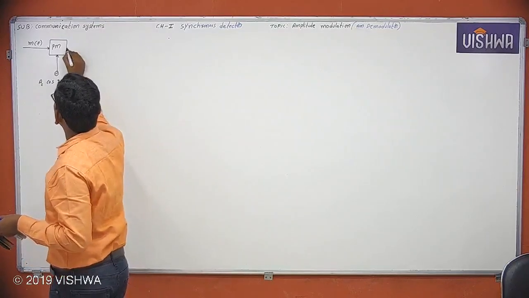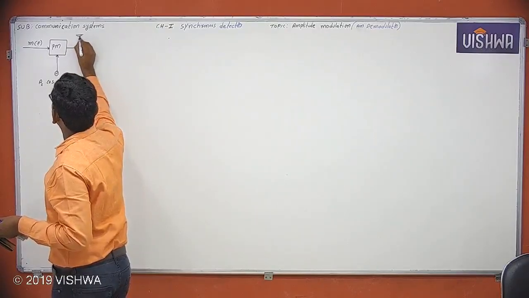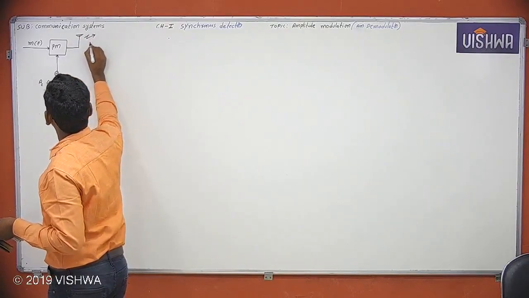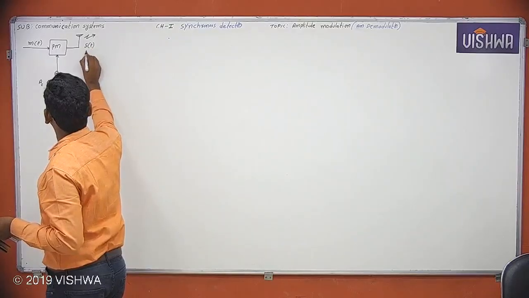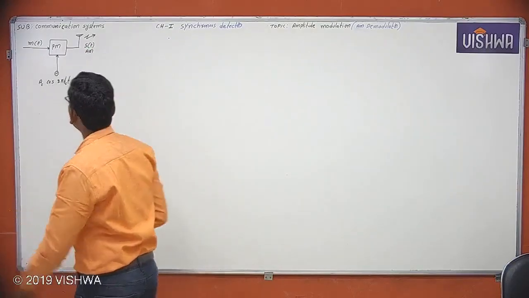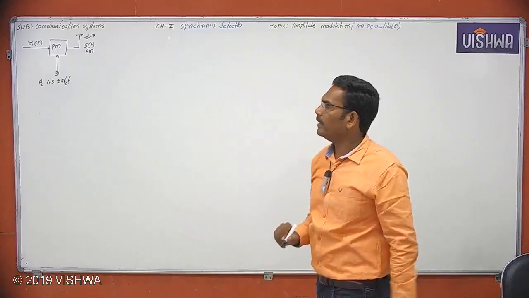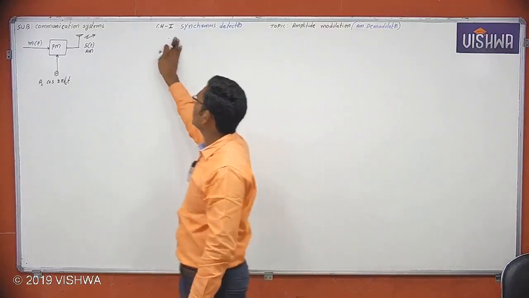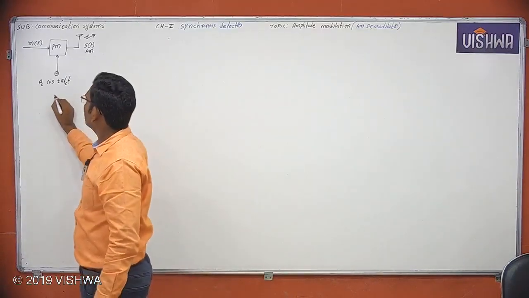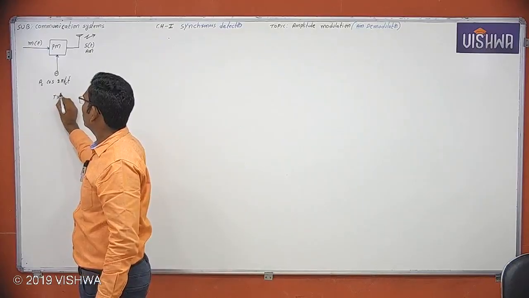Now this is just the message multiplied with the carrier, which is nothing but the AM signal, the amplitude modulated signal. Okay. Now this is the transmitter side portion, right?